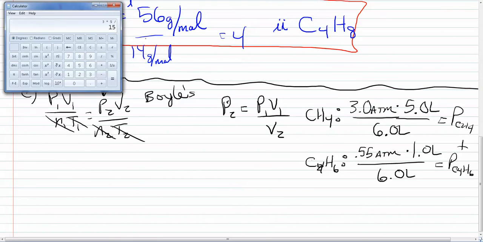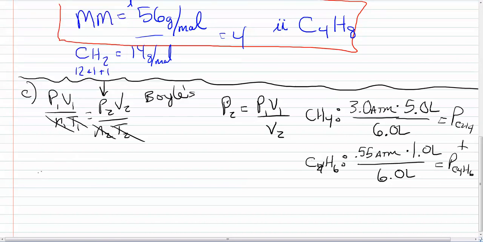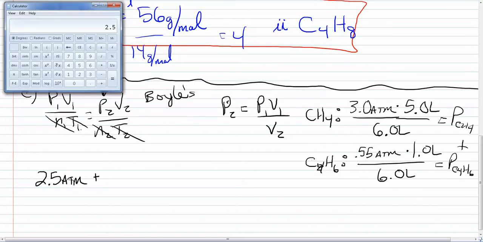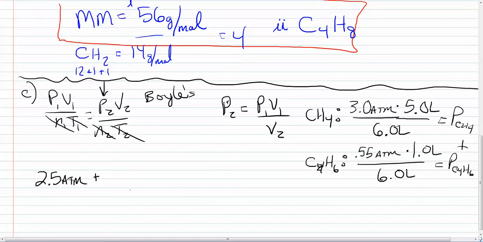Clear that out. 3 times 5 divided by 6, 2.5. So 2.5 ATM plus, clear that out, 0.55 times 1 divided by 6, 0.092. Okay, so 0.092 ATM.